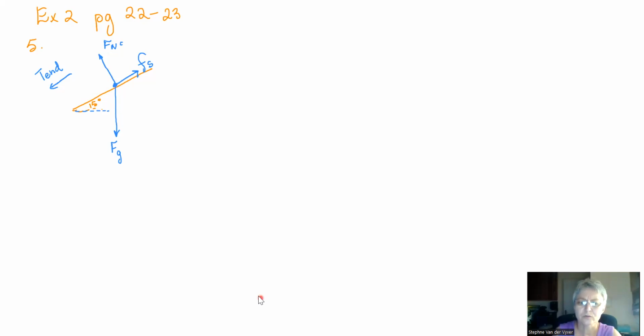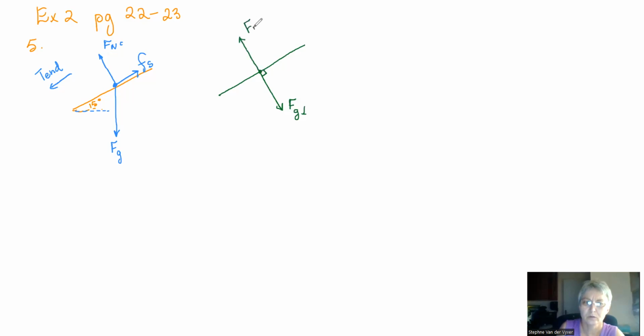I'm going to redraw the free body diagram using the components of weight so that you can see the difference. So here we go. If I use the components of weight, then it would be the component of the weight perpendicular to the surface, and the normal will keep that in equilibrium.